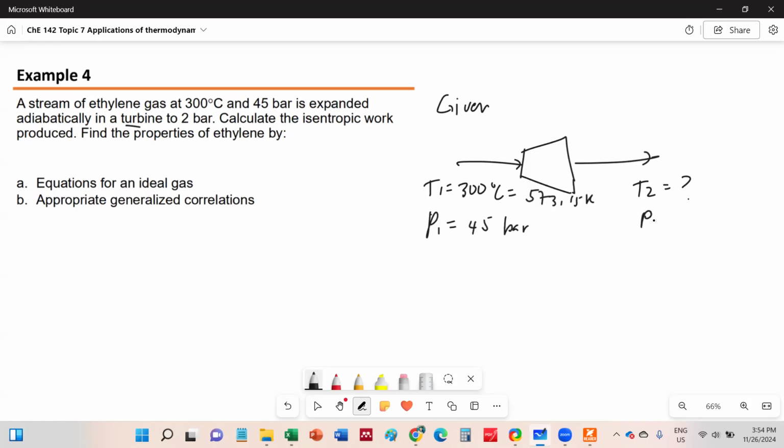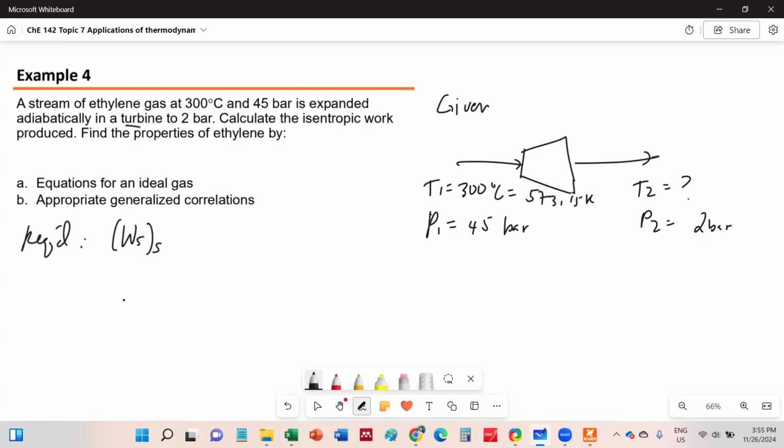For the outlet, it's given 2 bars. So required is the isentropic work, so that's a work shaft. If it's isentropic, we can use the convention of a parenthesis sub S, which refers to isentropic work.